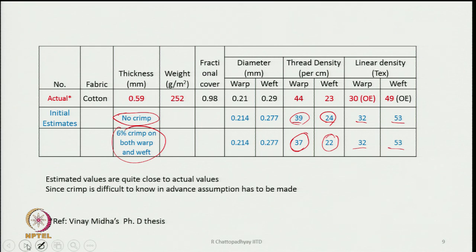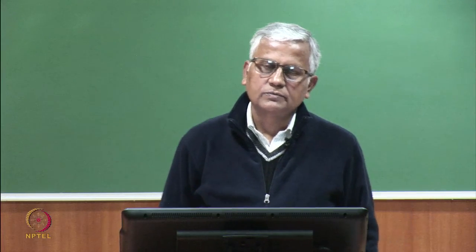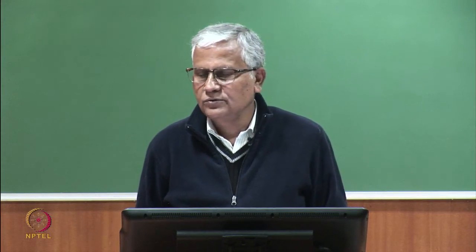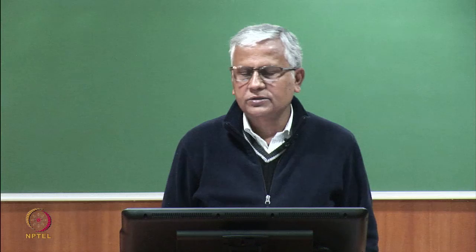So, with that we close this particular discussion on this example, and a similar logic can be followed, but we know that there are certain difficulties, like crimp itself is very, very difficult to assume. So, based on a lot of data collection, one can only assume that if I make a fabric on this loom from this type of yarn, this is the typical crimp value that we get.